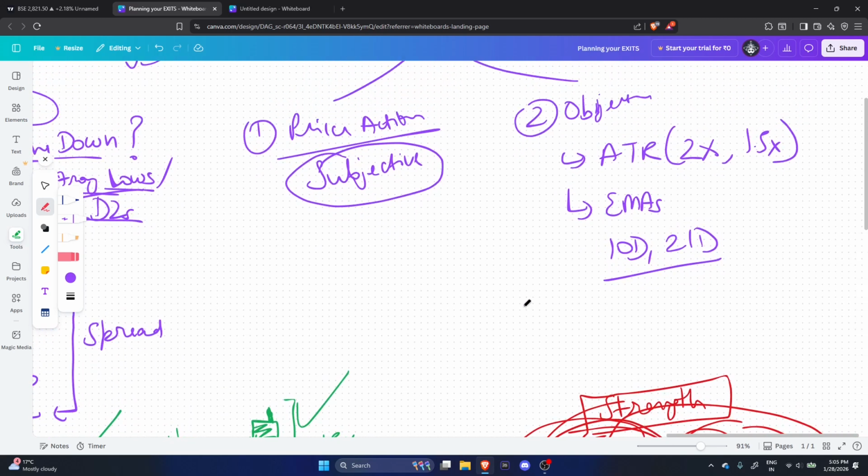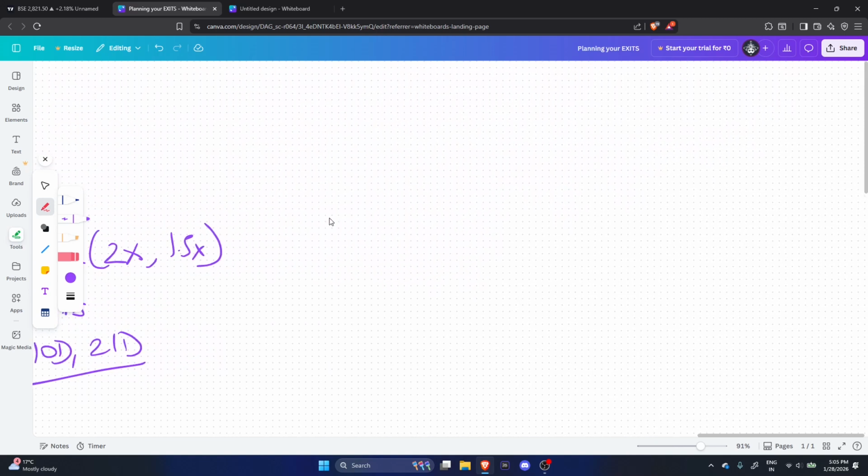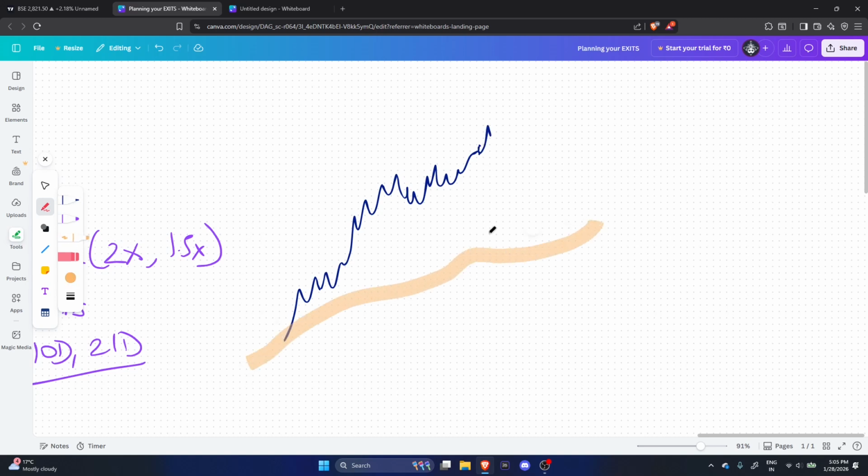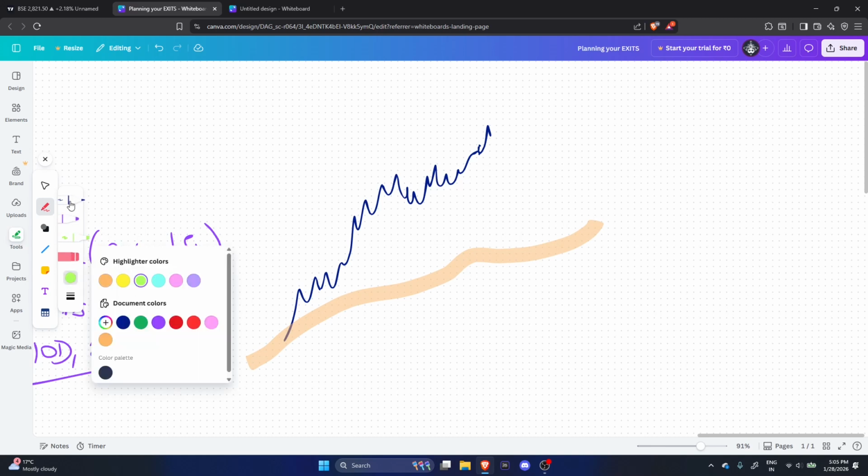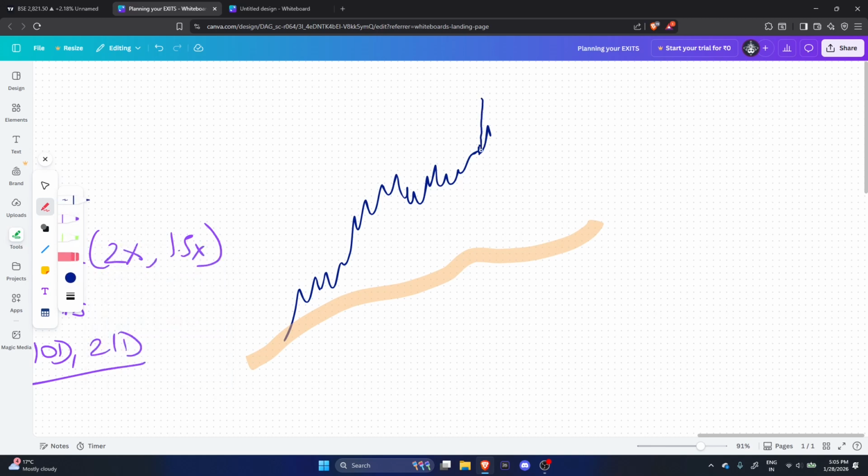So let's say the price is doing this. This is a moving average. You can see a candle being printed right here, which is a huge buying climax coupled with very high volume.